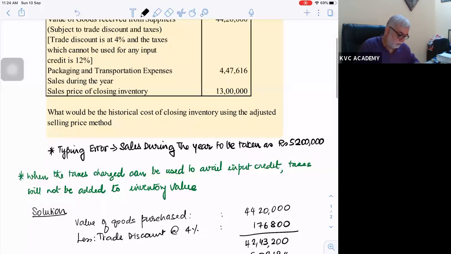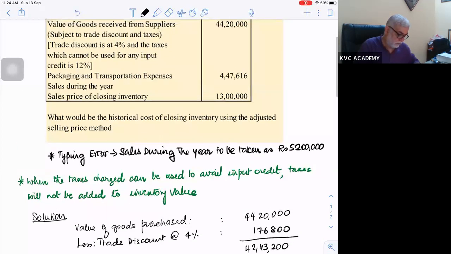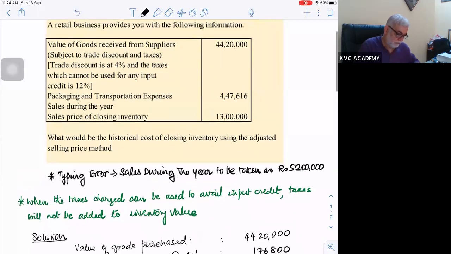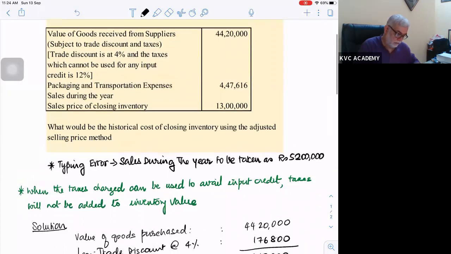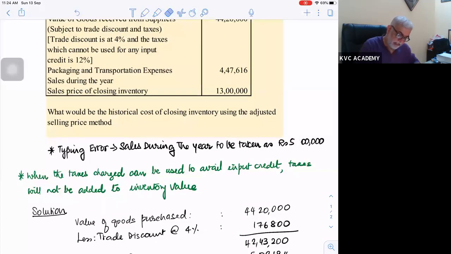Now, I'll take this thing at 54 lakhs, okay? If you don't mind.